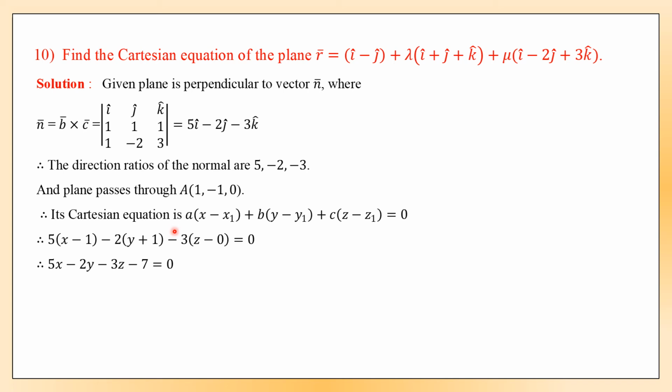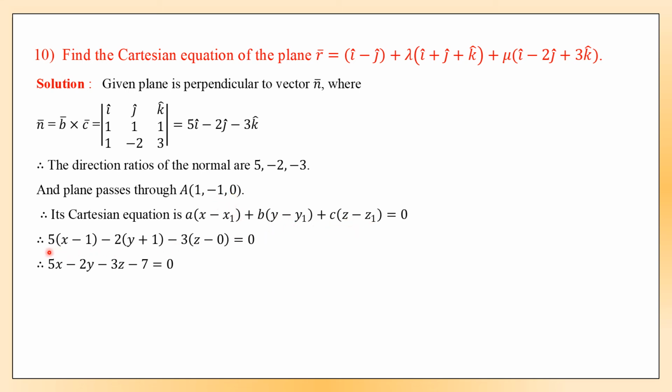We know that the Cartesian equation of the plane is a(x - x1) + b(y - y1) + c(z - z1) = 0, where a, b, c are direction ratios of the normal. We get the direction ratios of the normal: a is 5, b is -2, c is -3. The plane passes through the point (x1, y1, z1), hence x1 is 1, y1 is -1, z1 is 0.